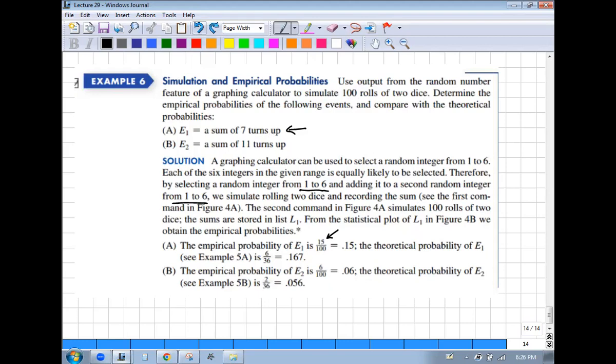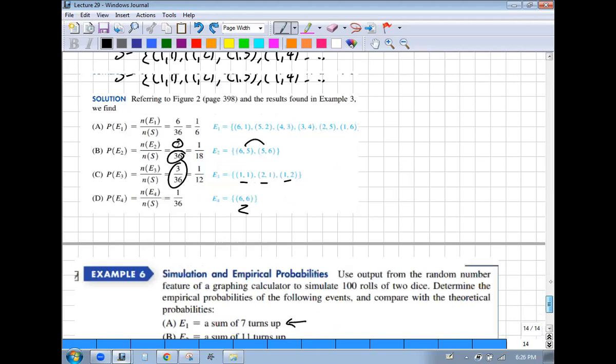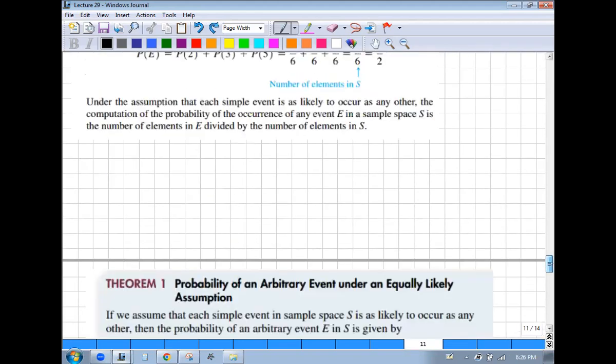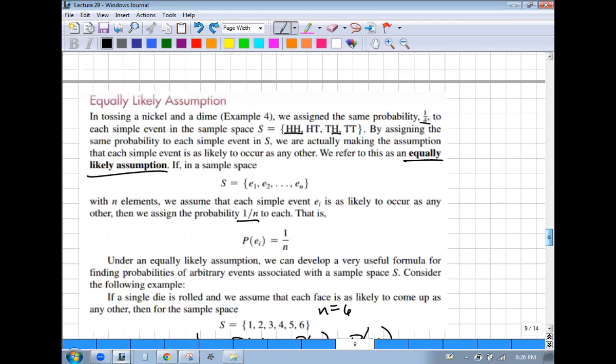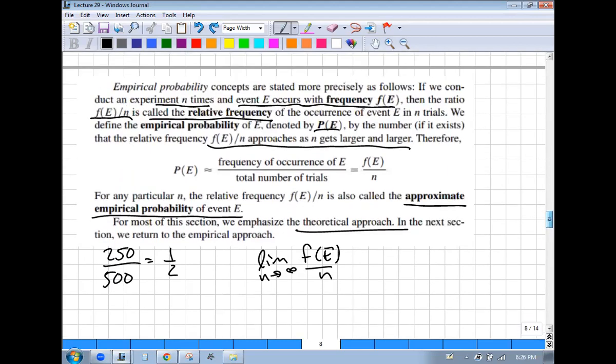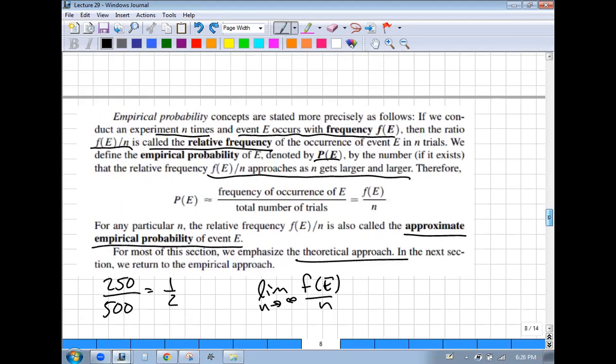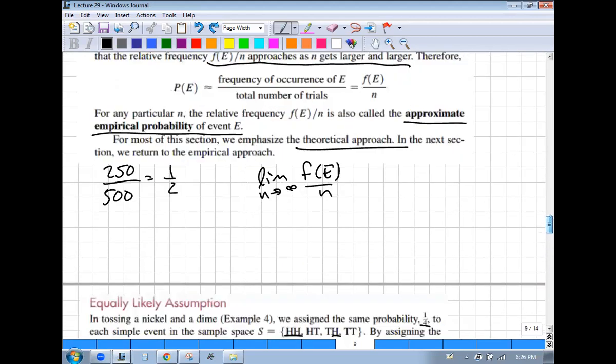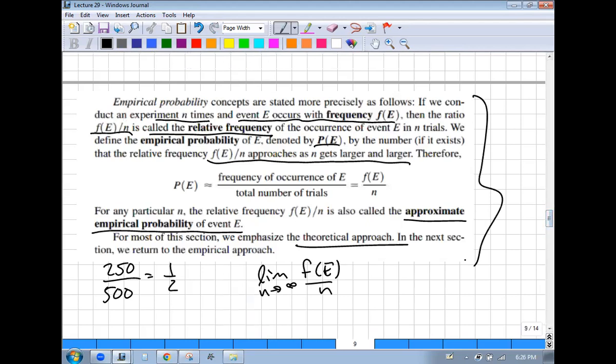So that's using our empirical abilities, right? Purely thought, right? Yeah, so this is where you're actually doing not theoretical but empirical, where you're actually doing the experiment.